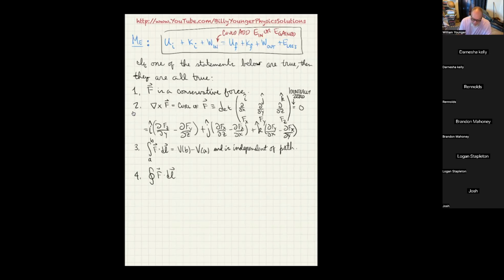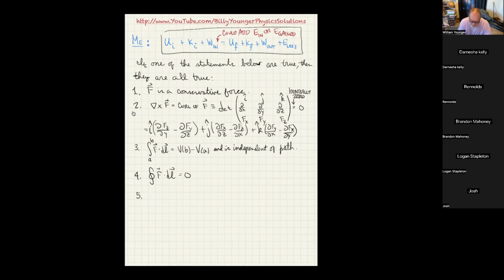So we're basically taking the work done going from, let's say, a point A, doing all sorts of crazy stuff, doesn't really matter, but ending up at point A. If that's the case, then the answer will automatically be 0. So that's another interesting tidbit. Remember, the rule is if any one of these is true, then all of them are true. There's another rule as well.